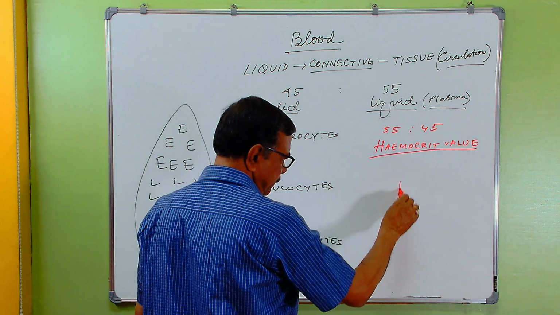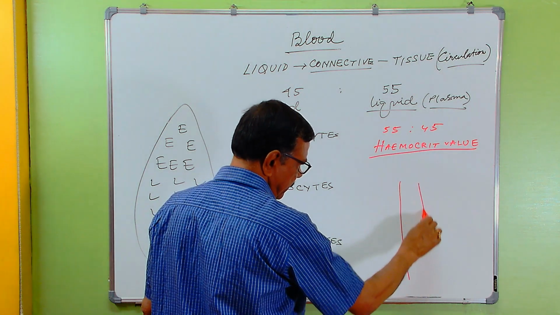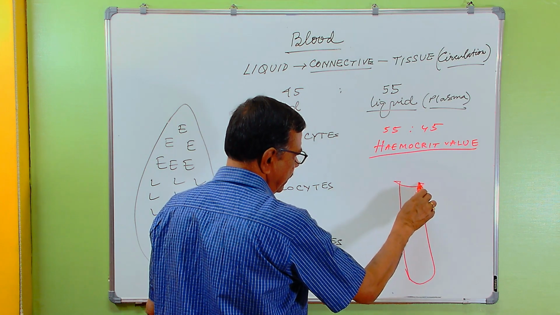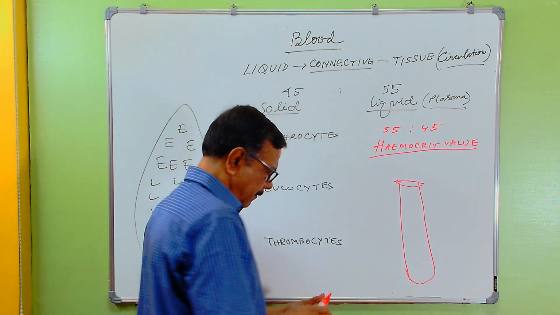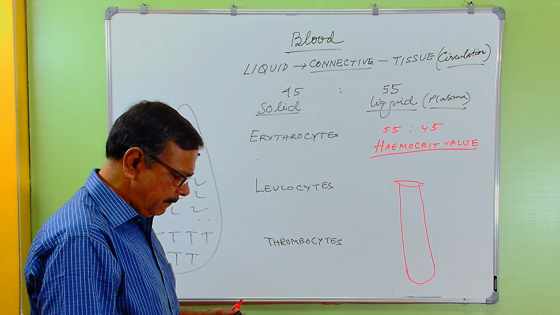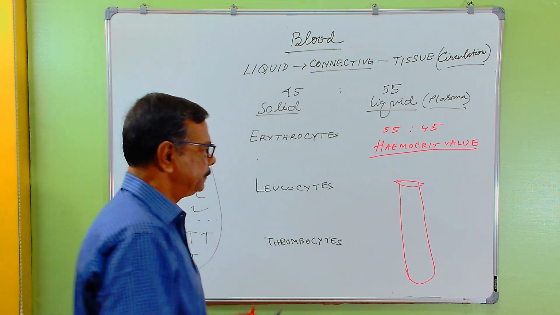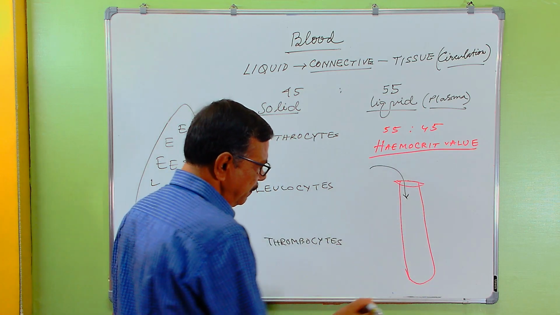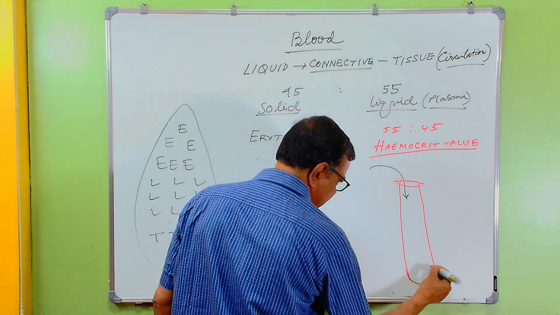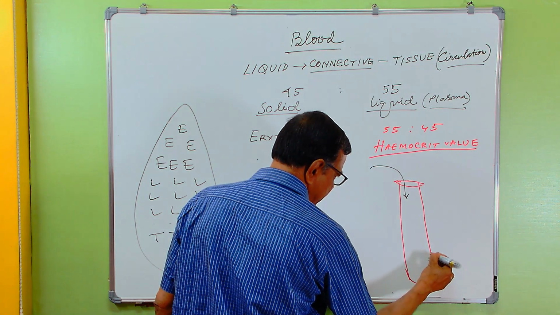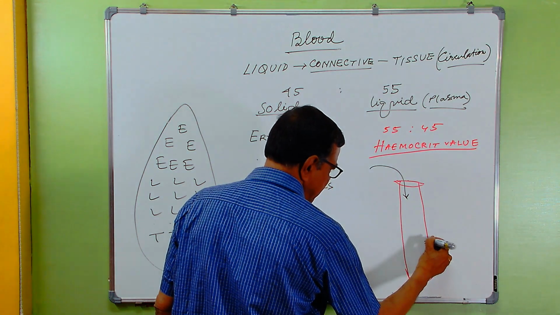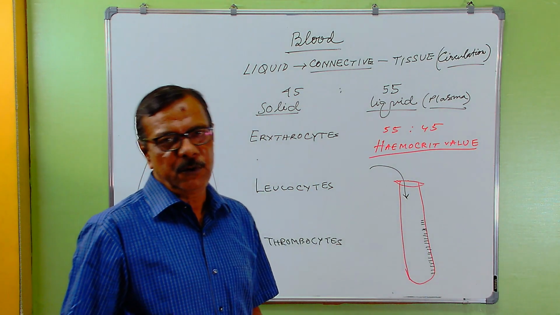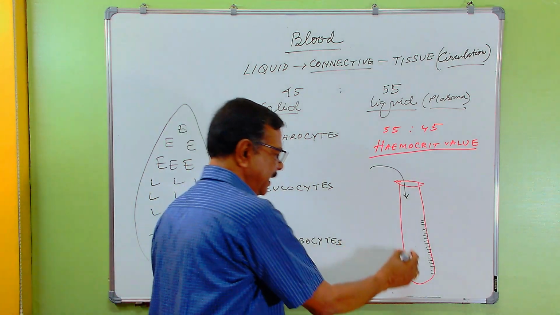Take a test tube. Within this test tube you put some blood. The test tube should be graduated, millimeter, centimeter wise. This is called Wintrobe's tube and you are putting blood inside.